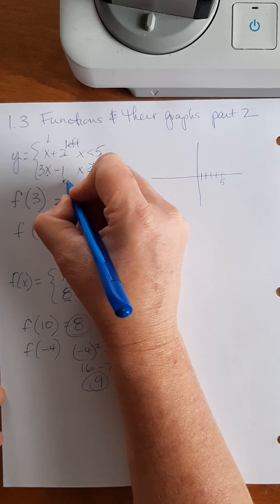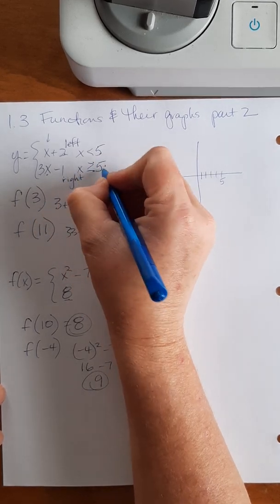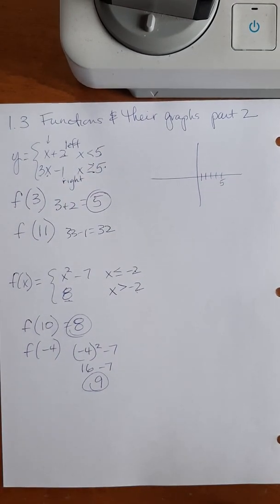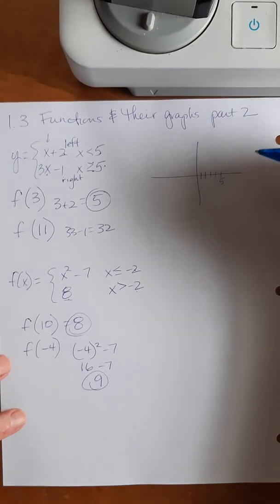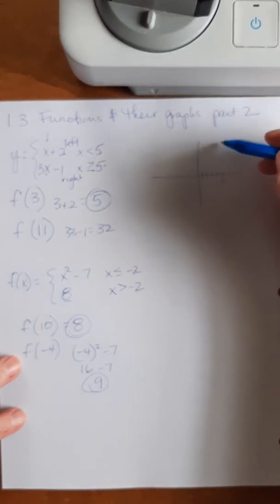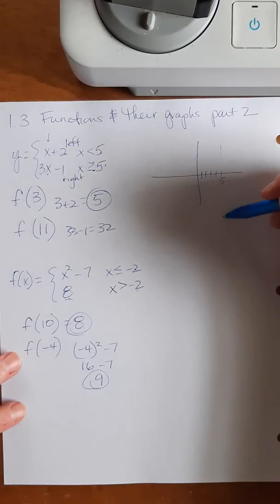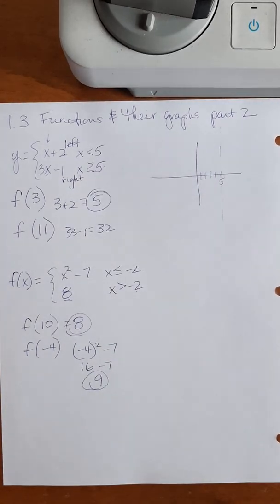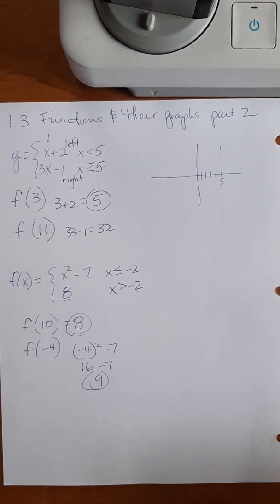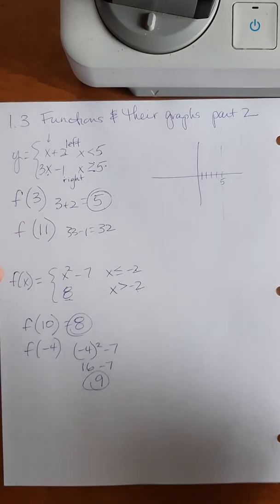This graph is going to be greater than or equal to 5, so it's going to be to the right of 5. It's not like this is an asymptote, but if you just wanted to lightly draw a little line there just for you to know when it stops and starts, it is not an asymptote. Like I said, it's going to tell you, oh, hey, this is where I stop.